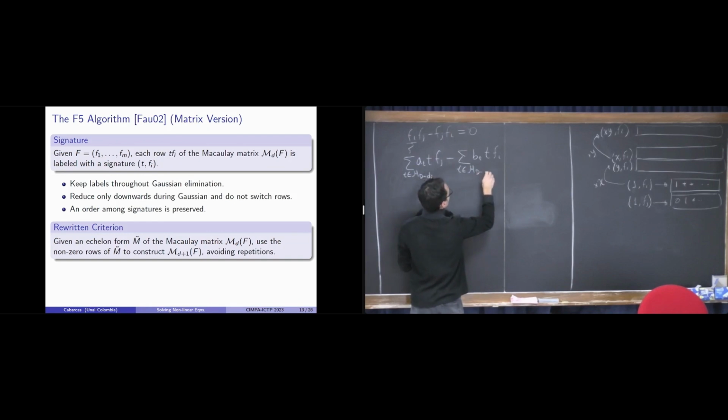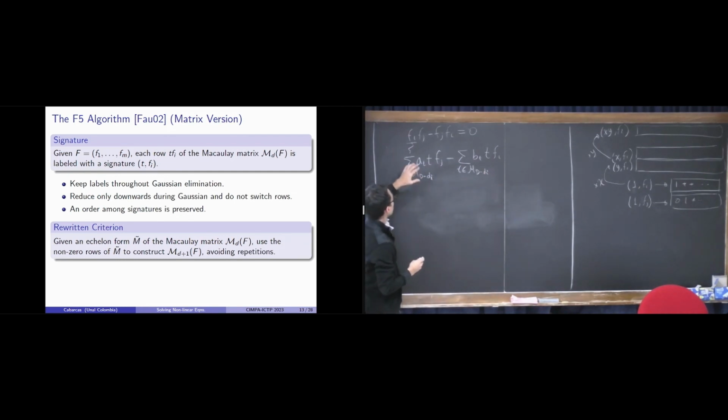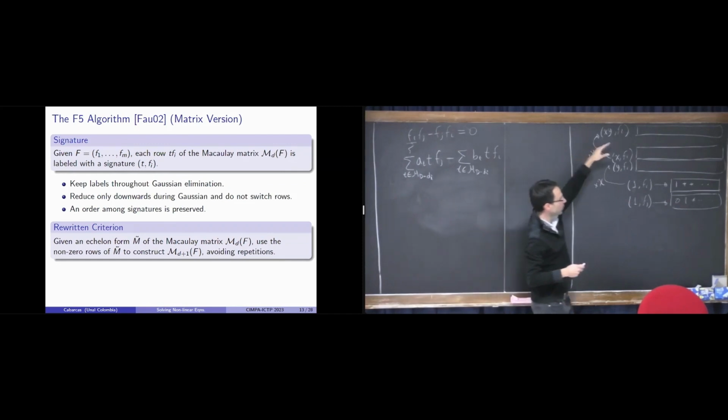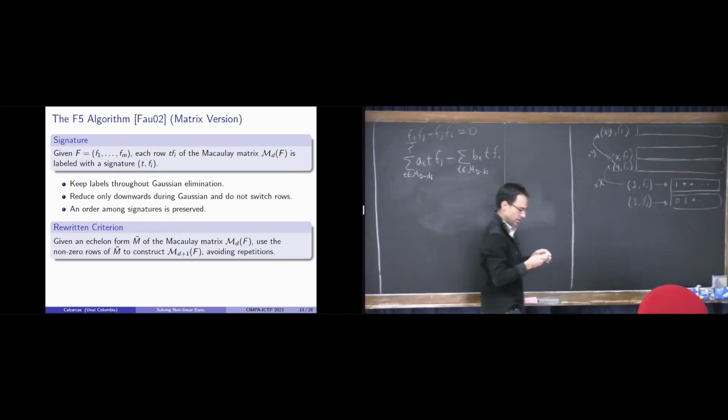Now here it is. So that relation leads to a relation among the rows of the Macaulay matrix.